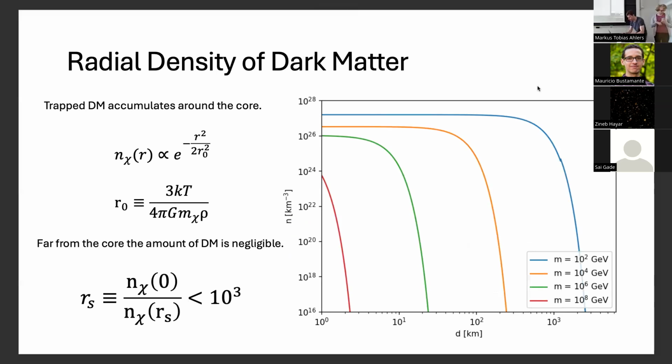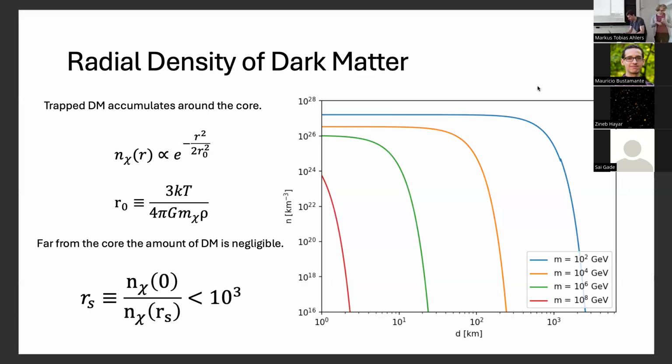As dark matter is trapped, as I said, it accumulates near the center of the body, and it makes a distribution around the core. This plot shows what I call the significant radius, how the accumulation of dark matter particles depends on the radius of the Earth.